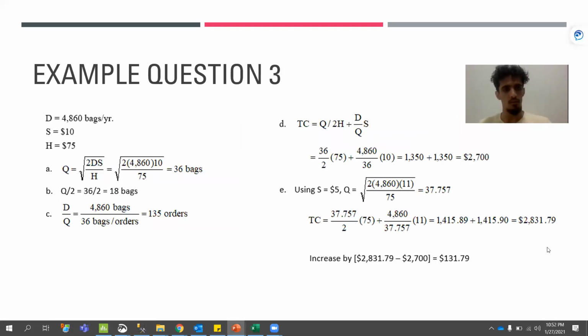So in this example, the solution is we already have D, which is the demand, 4,860 bags a year, and also S, which is the ordering cost, $10, and also H, the holding cost, $0.75.